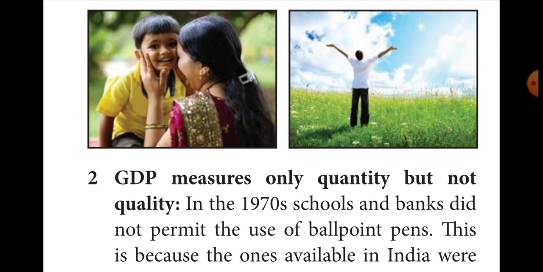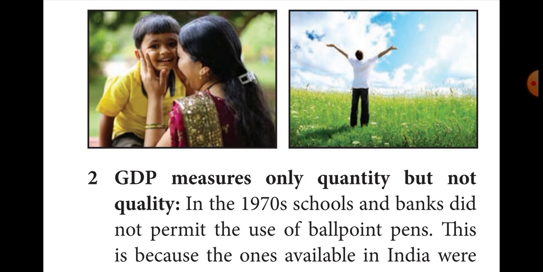Ballpoint pens, you know, we are saying the lead pen. Okay, in the year 1970, schools and banks did not permit the use of this ballpoint pen. Why they did not permit it is because its quality was very poor.